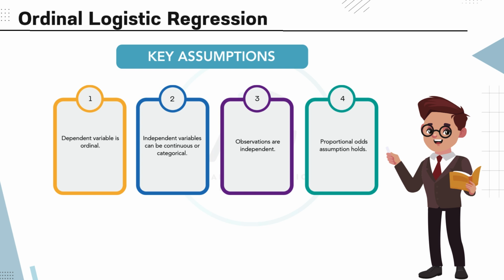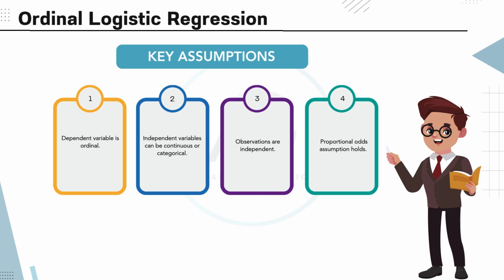Independent variables can be continuous or categorical. You can include age, income, or scores, continuous variables, or department, location, or gender, categorical variables, as predictors in your model. The flexibility here is useful across different datasets.